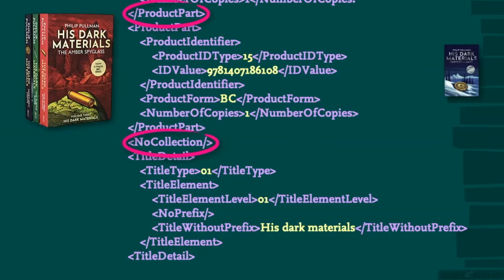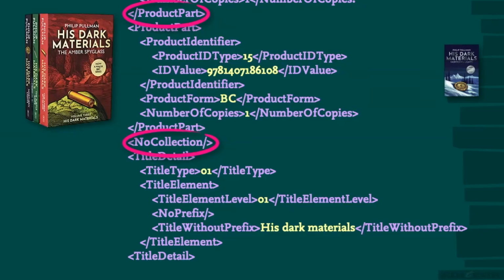You can only see the last of the 3 here on screen, but there's no relevance in the order of the 3 parts. You can, as an option, flag up one of them as the primary part, but in the case of this collection, all 3 parts are equally important, so you don't.